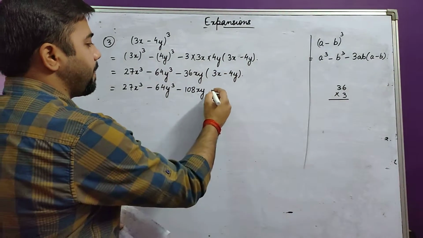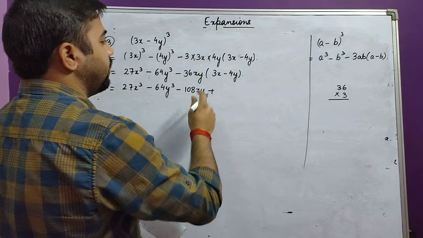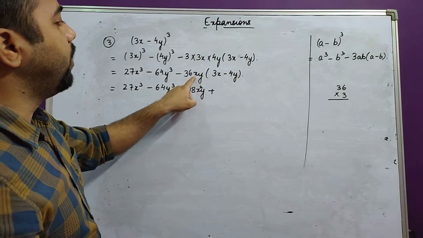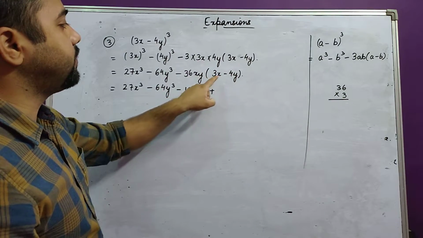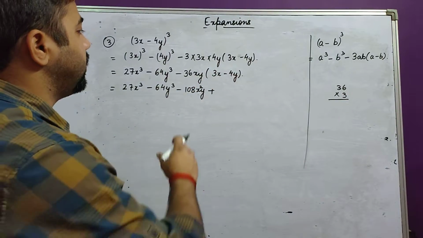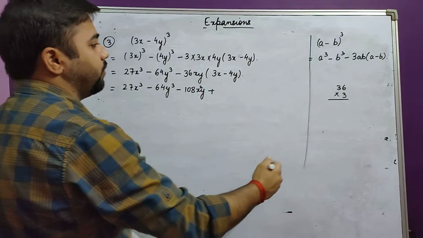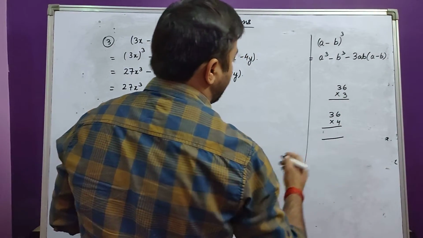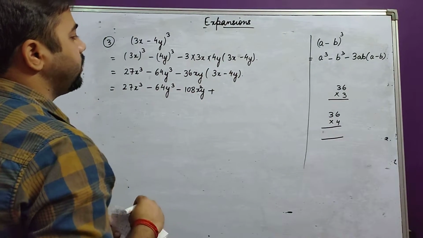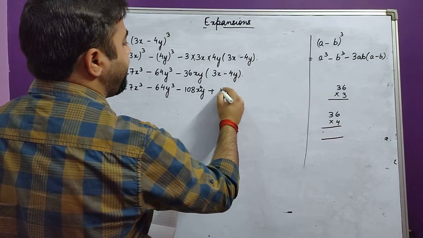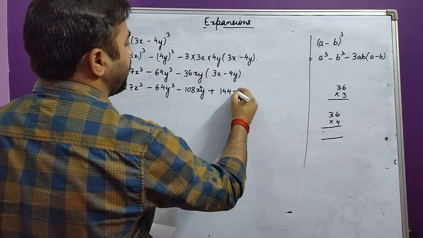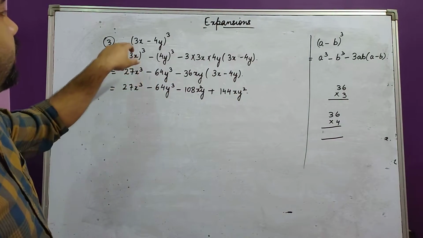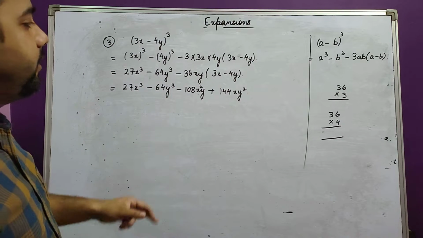So again plus. 1x was there, so the power will be 2. xy into x will be x square. Minus minus is plus. 36 into 4, we are going to get 144 x y square. Just check whether you had done it correctly or not at the end.